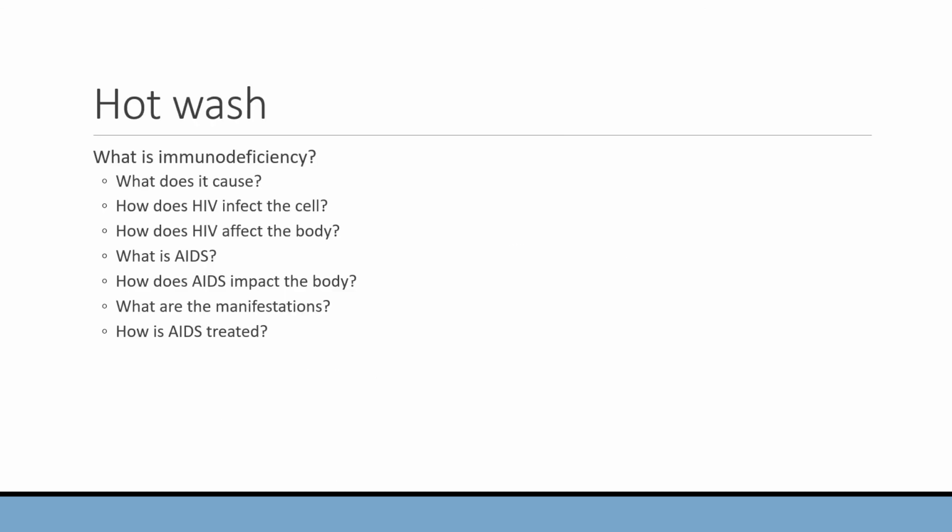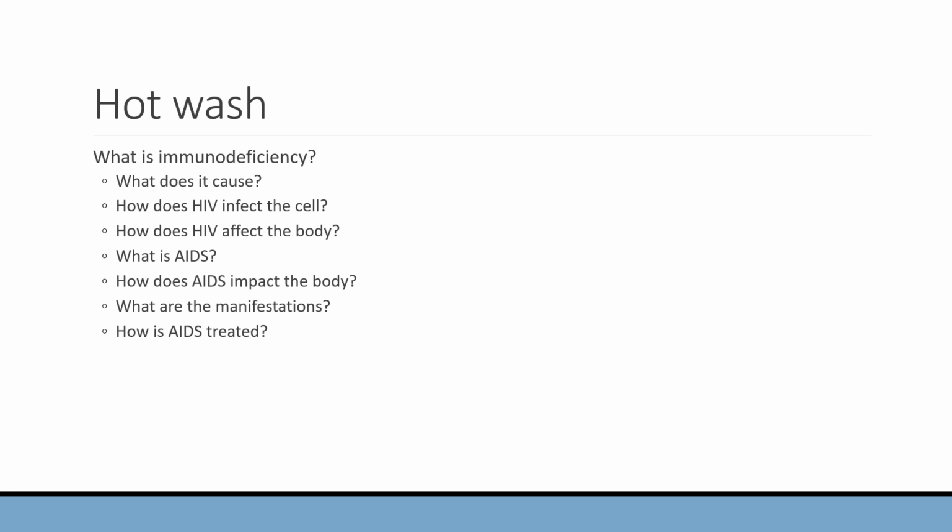So to summarize this presentation, you should know what immunodeficiency is now. What does immunodeficiency cause? The example that we used is AIDS and HIV. You should know how HIV infects the cell, how it alters bodily functions, how AIDS develops, and what the definitions of the different categories are.